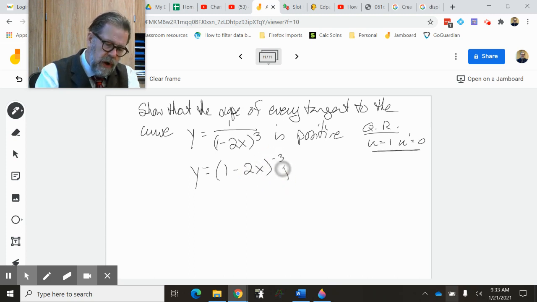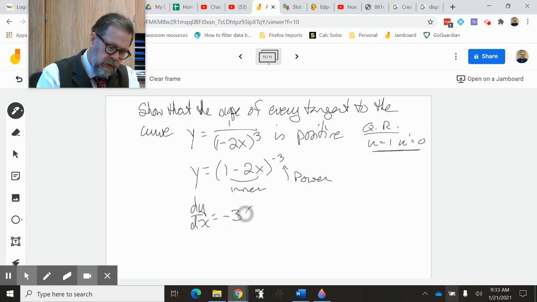And now we've got a power and we've got an inner function. So the derivative of y with respect to x is equal to negative 3 times the quantity to the -4, remember we're subtracting 1 from the negative, times the derivative of the inside, which is -2.